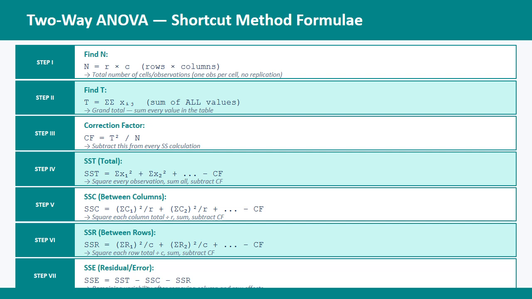Step 5 is SSC, that is for columns. Step 6 is finding SSR for rows. Step 7 is finding SSE, that is the remaining variation. So this method helps us to understand how much variation is due to rows, how much is due to columns, and how much is also due to randomness.